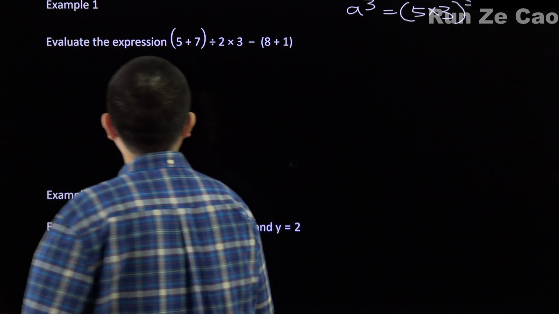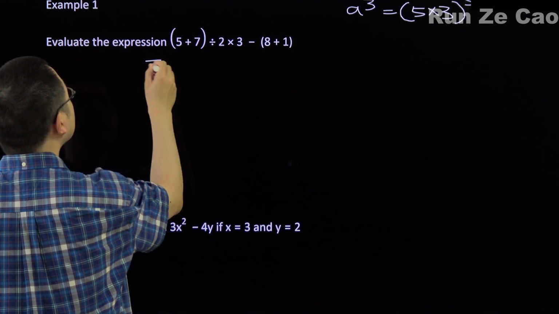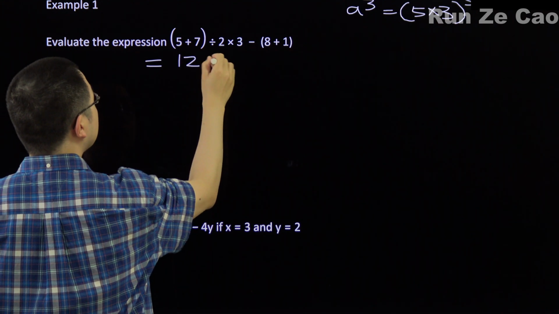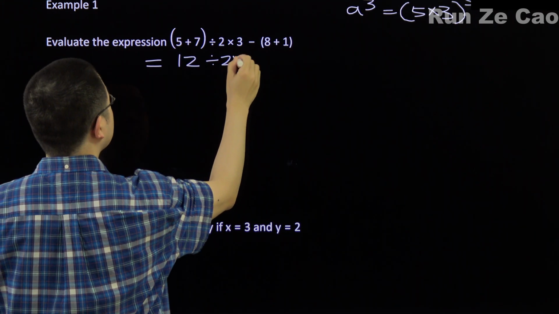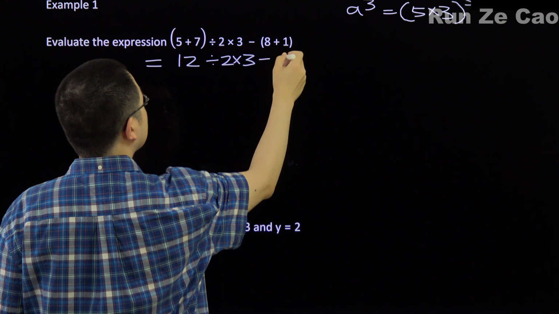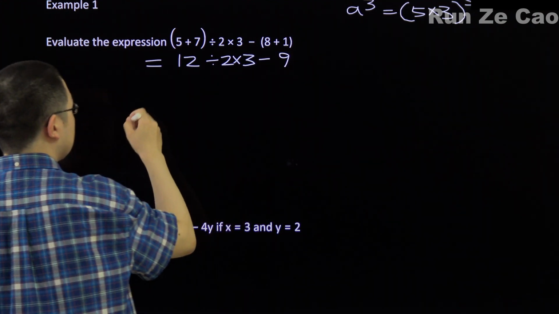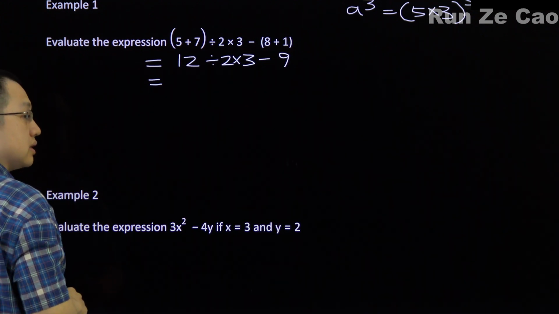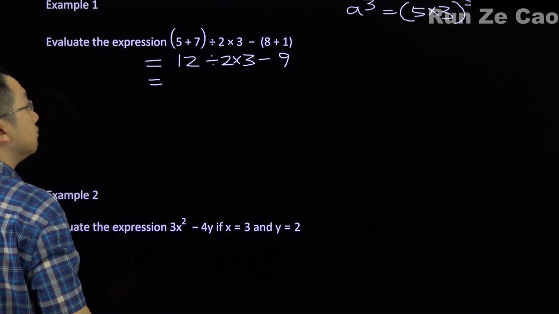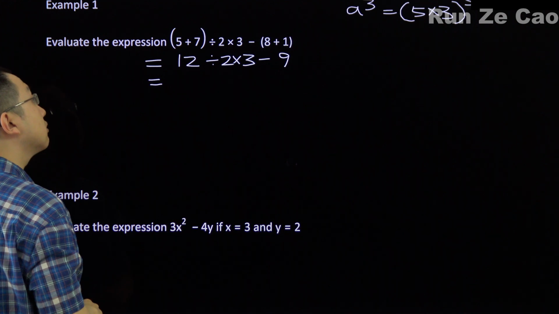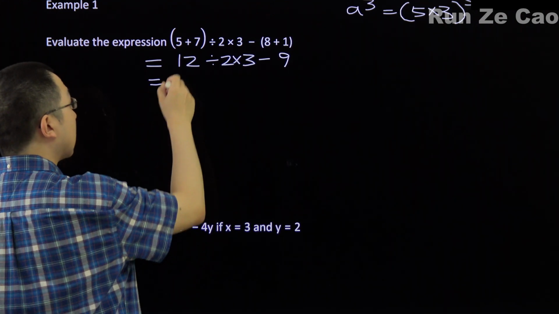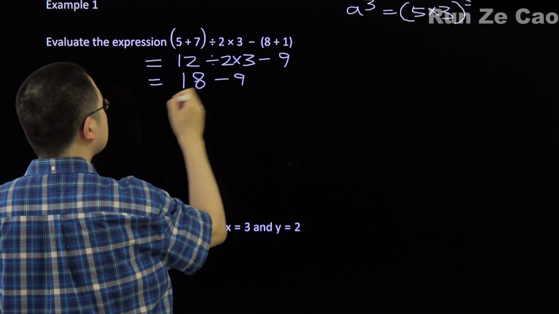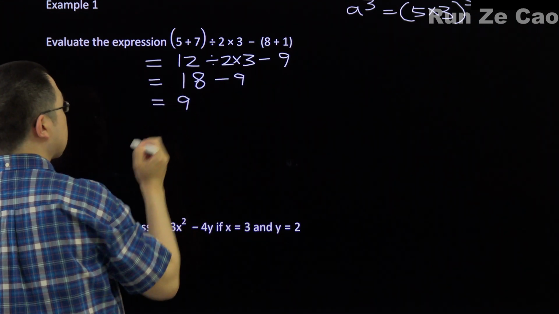Well, we solve the brackets first, which gives us 5 plus 7 is 12, divided by 2 times 3 minus 9. So 12 divided by 2 is 6. And then times 3 is 18 minus 9, which gives us 9.